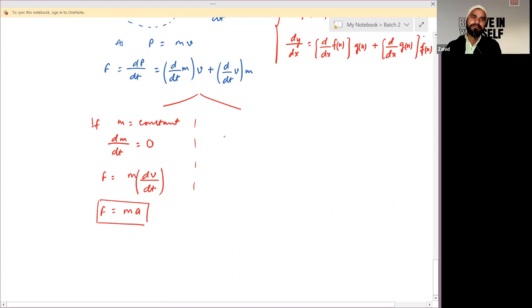Next, if velocity is constant, differentiation of any constant part will be 0. If you put it in the second part, you will get F equals velocity times dm over dt.